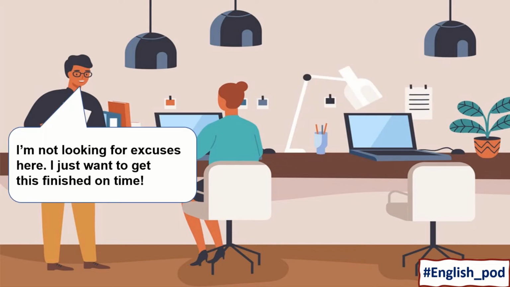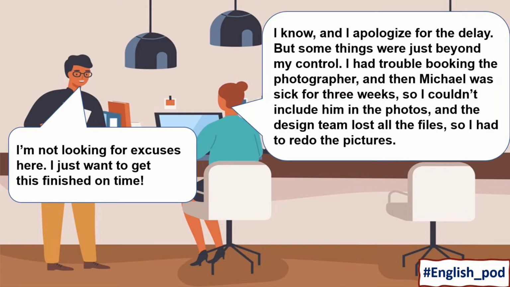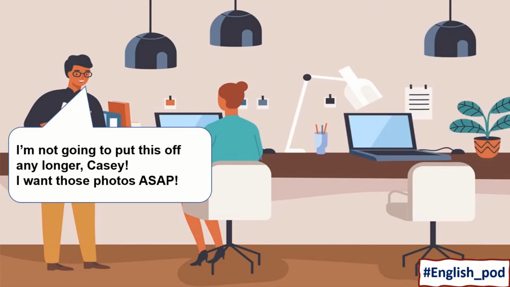I just want to get this finished on time. I know, and I apologize for the delay, but some things were just beyond my control. I had trouble booking the photographer, and then Michael was sick for 3 weeks, so I couldn't include him in the photos. And the design team lost all the files, so I had to redo the pictures. I'm not going to put this off any longer, Casey. I want those photos ASAP.